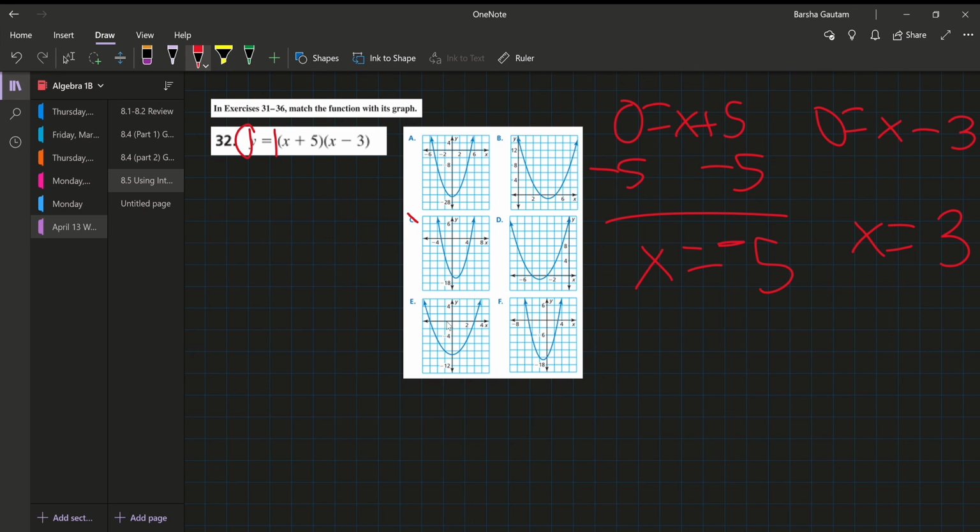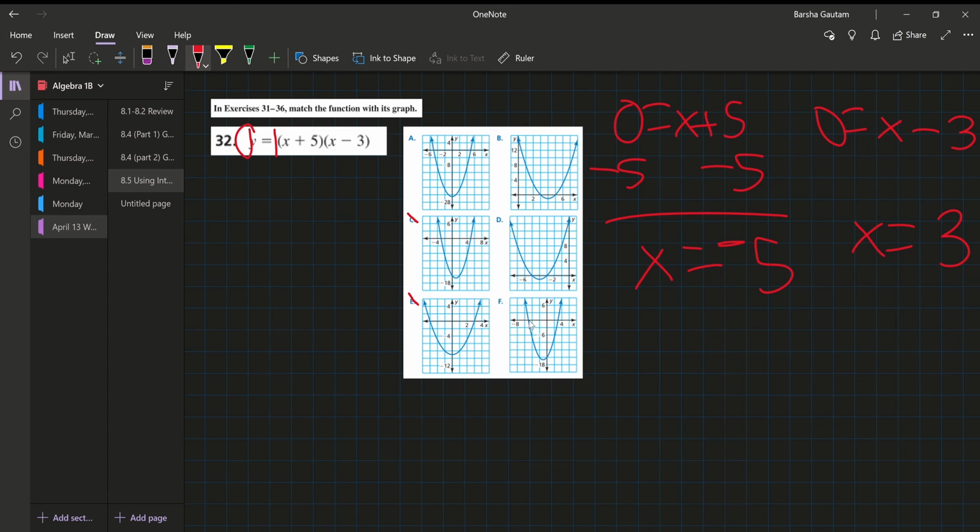What about this one? This is going by a scale of 1. 1, 2, 3. That's not going to work either. We're looking for negative 5, not negative 3. This one is negative 3, which is the same as this one. Don't get tricked by the different looks of the graph. And this one here is going by a scale of 2. 2, 4, 5. Hey, this one might work.